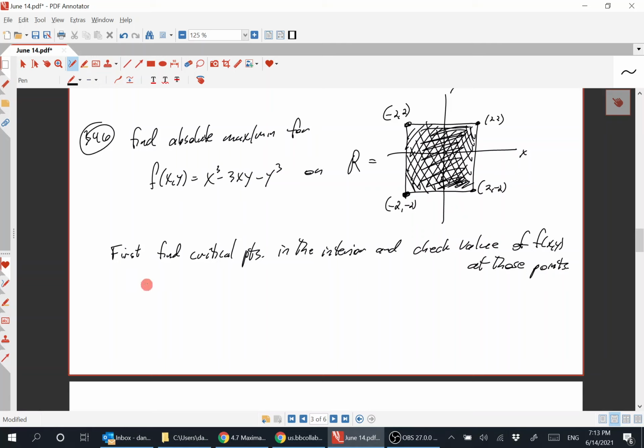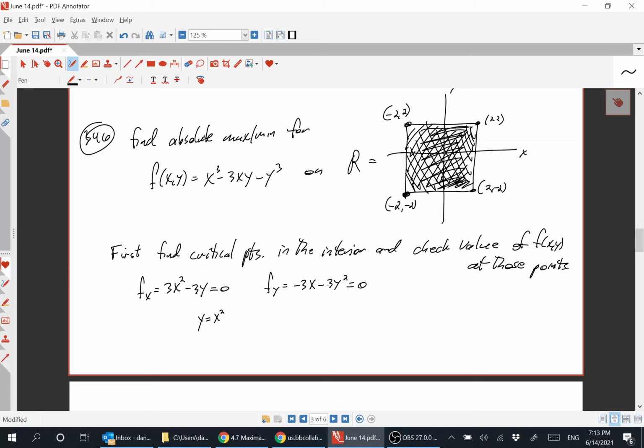All right, so let's take partial derivatives. So we have fx equals 3x squared minus 3y equals 0. And fy is equal to minus 3x minus 3y squared equals 0. Right, so two equations, two unknowns. We can solve for y here. So this equation says y is equal to x squared.